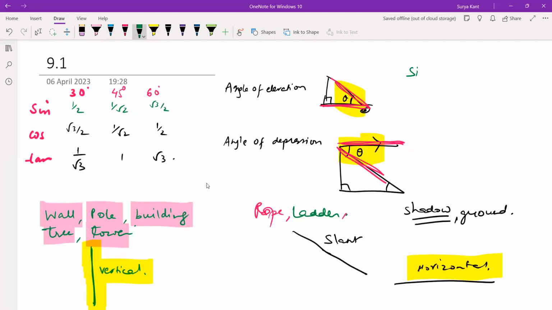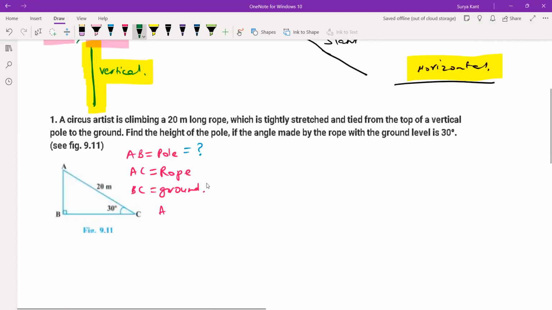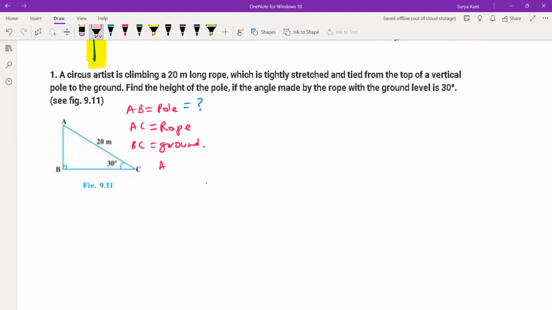One more thing: sine theta is O by H, cos theta is A by H, and tan theta is O by A. Here, the length of the rope is given and we have to find AB. If this is angle theta, this becomes opposite and this becomes hypotenuse.